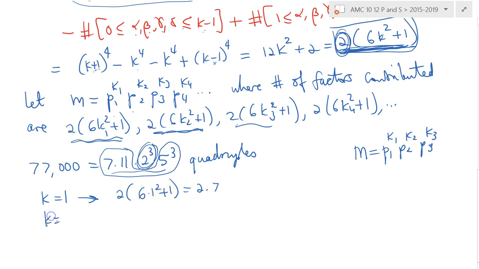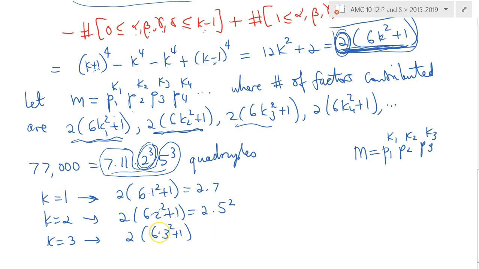When k is equal to 2, we have 2 times 6 times 2 squared plus 1, which is 2 times 25, which is 5 squared. Aha, I like it. k equals 3, 2 times 6 times 3 squared plus 1: 9 times 6 is 54, plus 1, 55, which is 2 times 5 times 11.